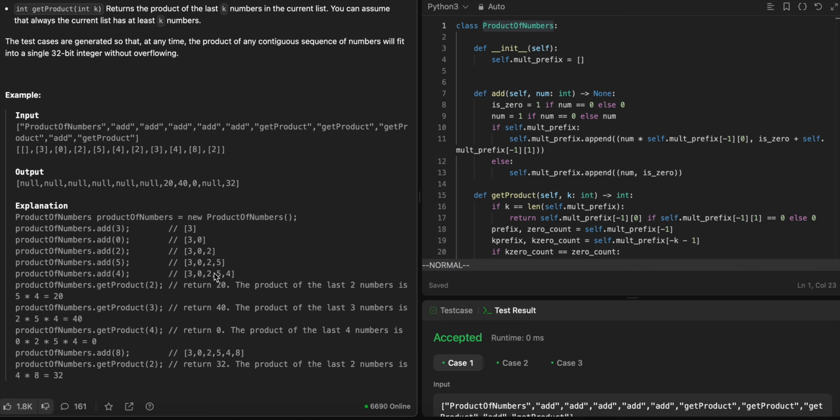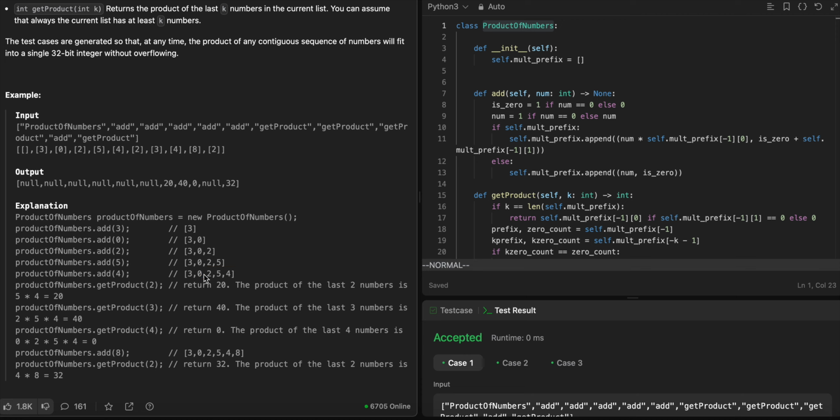Then, let's say it wants the last k, which is k equals 3. I'm going to check, for this prefix, what's the count of zeros? It's 1. And for this prefix, what's the count of zeros? It's 1. If they're the same, that means I've never encountered a 0 here, which means I can divide them together peacefully, assume this is a 1, and get this, right?